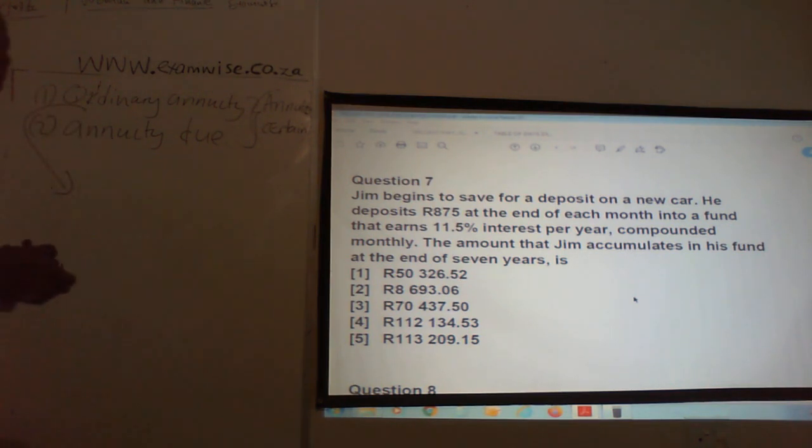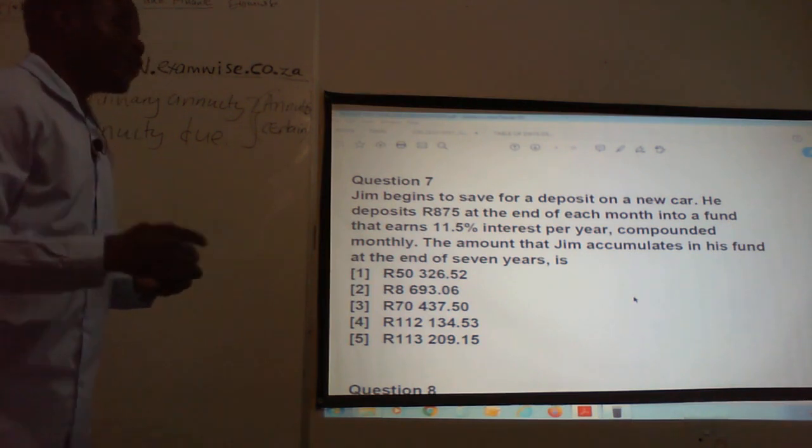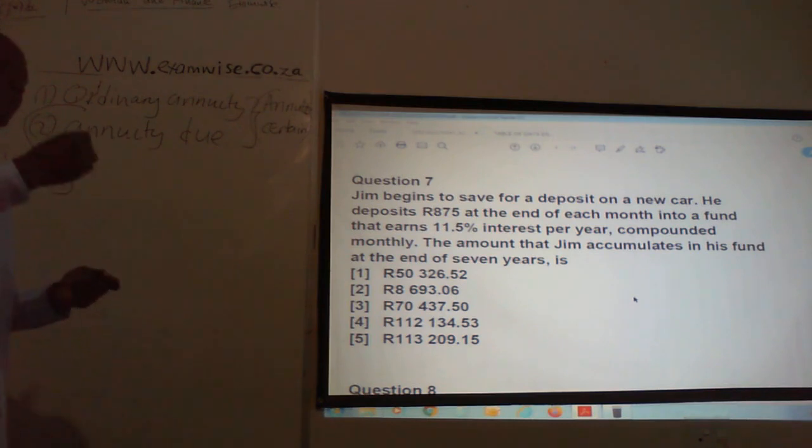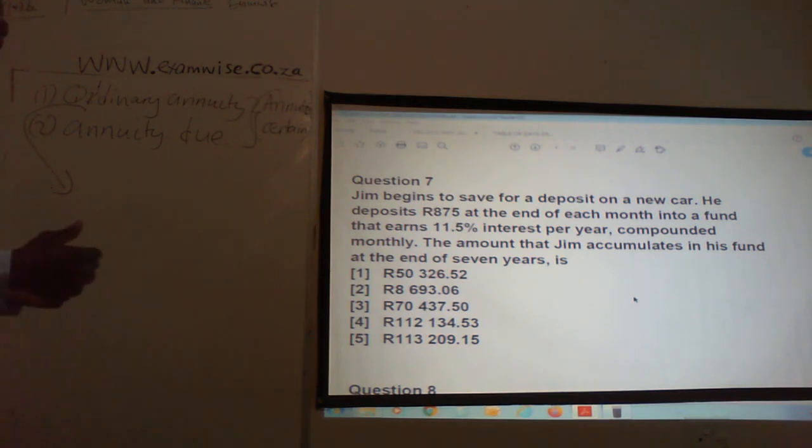I emphasize that the criteria we use to differentiate between these 2 is whether the payment is made at the beginning of the equal intervals or at the end of the equal intervals.